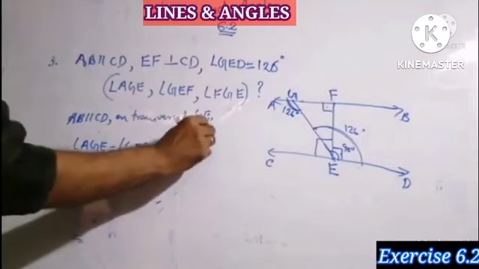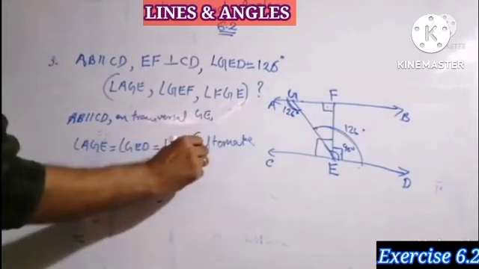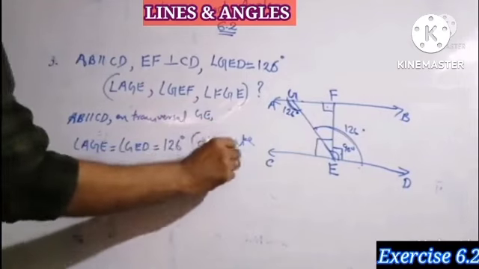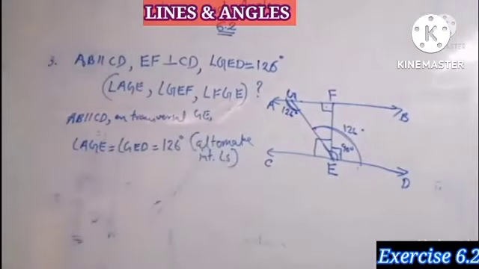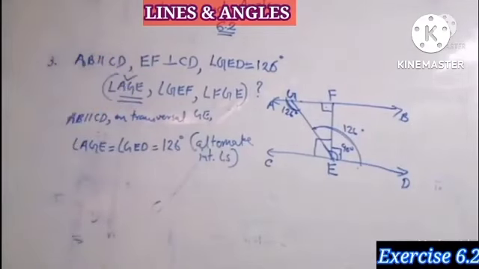Reason: alternate interior angles are equal. Okay, so the first answer is completed. Angle AGE is 126 degree.